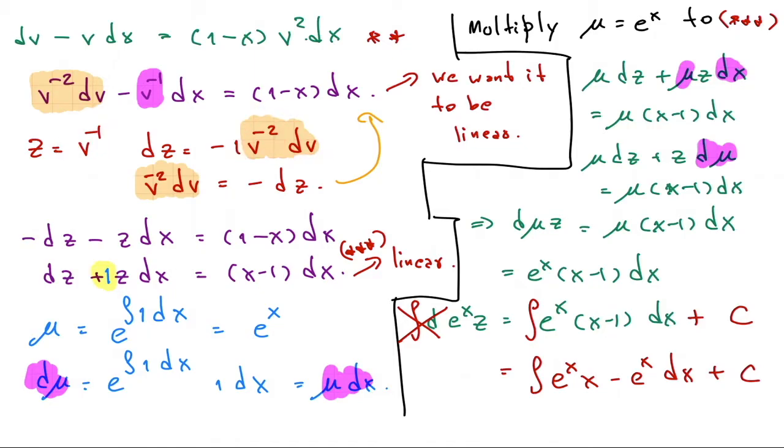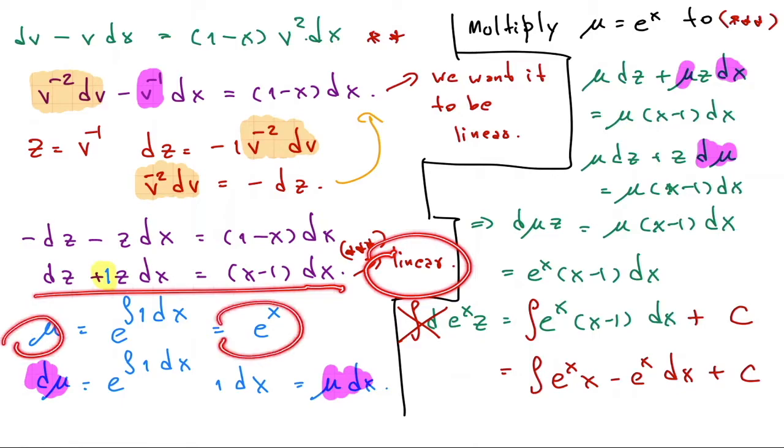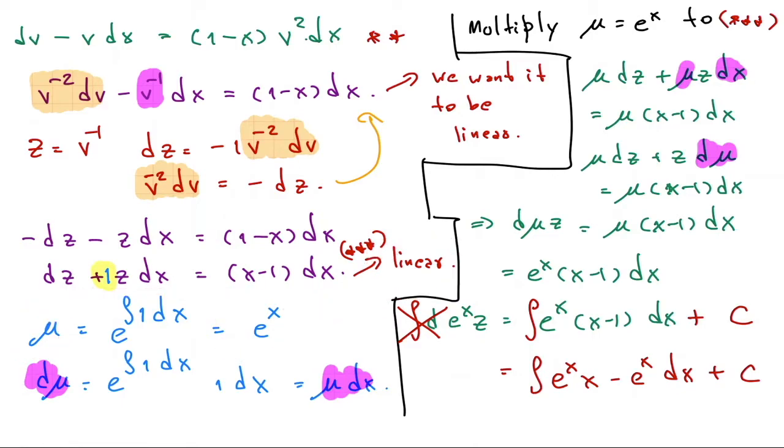Okay, so we have that dv over v squared is actually minus dz. And then we substitute that in this equation. So we have minus dz minus z dx equals this. After that I multiply the whole equation by minus 1. So we get this equation. This is another checkpoint, when it is linear. When it's linear, we think of the integrating factor, which is this, and then we multiply the whole equation by mu.